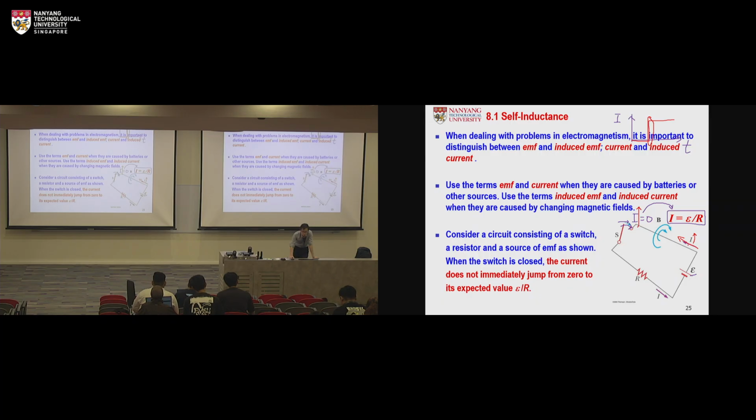Once you have this finite I inside the circuit, it should generate a certain B, from I to B. Can you tell me the direction of this B, let's say B1?